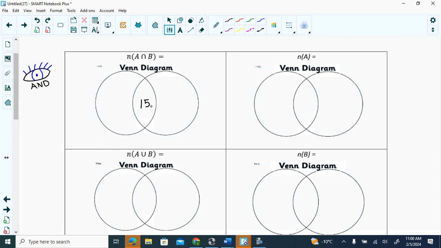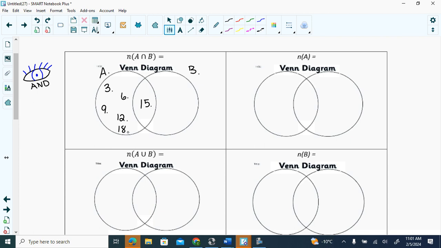Okay? Now we have to put the numbers that are in A, so we have to label this. This is going to be A, this is going to be B. We need to still list the ones that are in A but not in B. So that would be 3, 6, 9, 12, 15, and then 18, I believe.